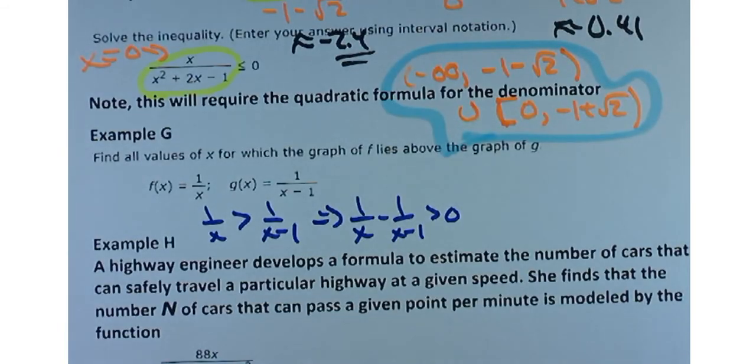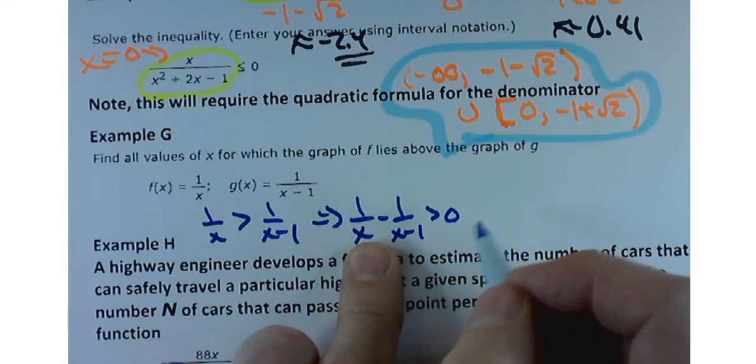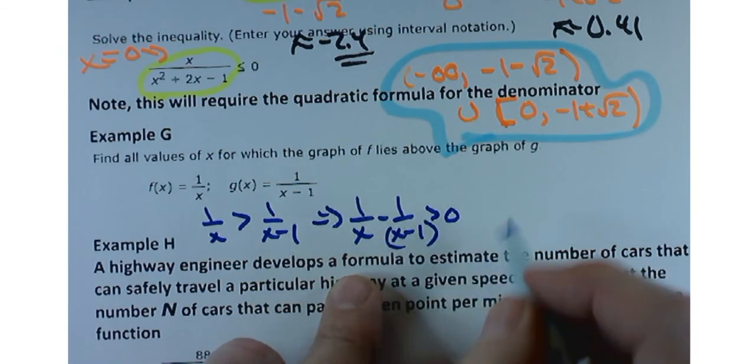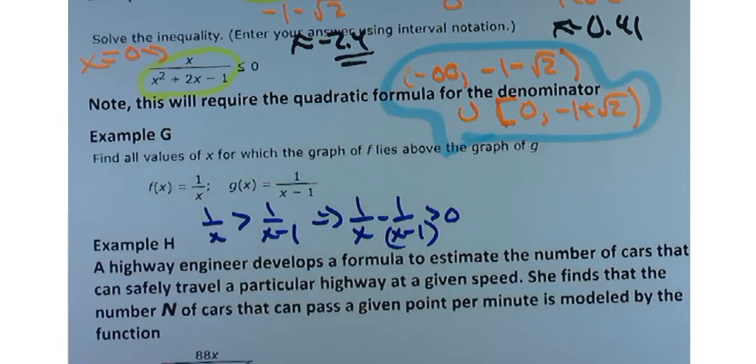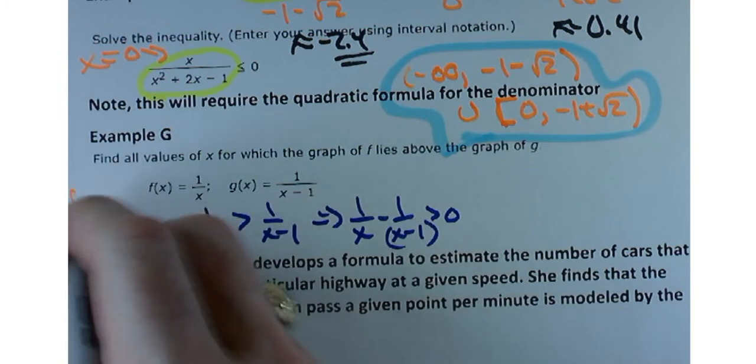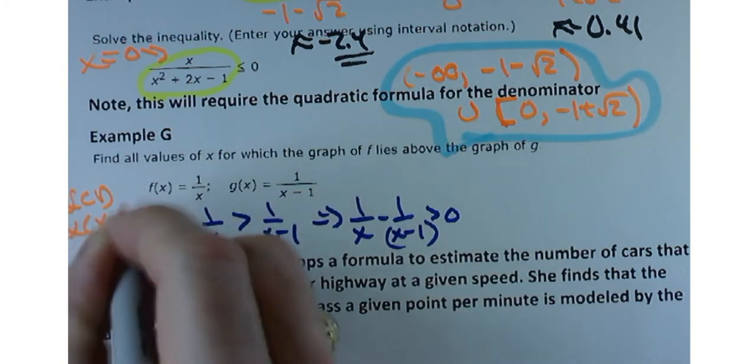So, oh man, now you're really putting the hurt on me because you got to get a common denominator. I know. Too much pain after an exam. I'm sorry. So the common denominator for this is x times x minus 1. So I'll just write that off to the side here. LCD is x times x minus 1.